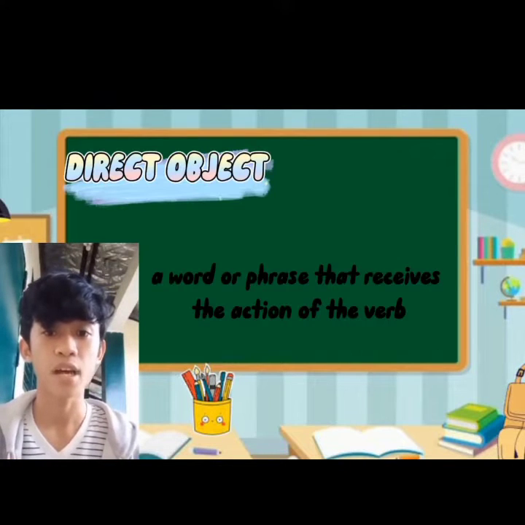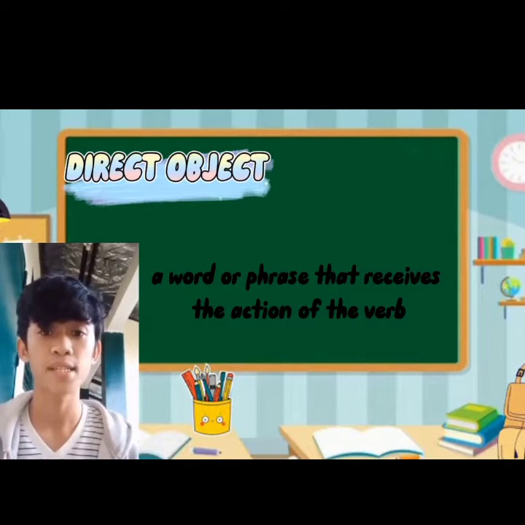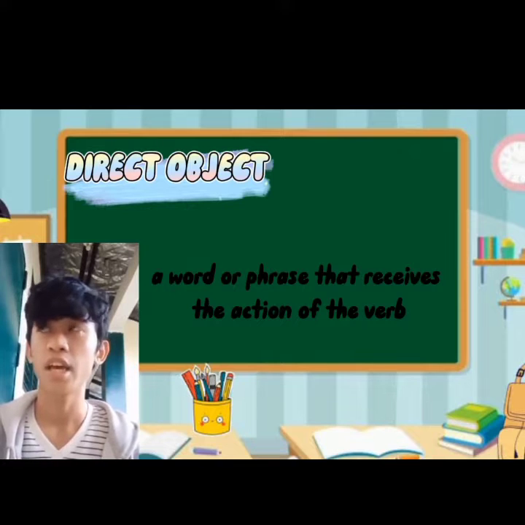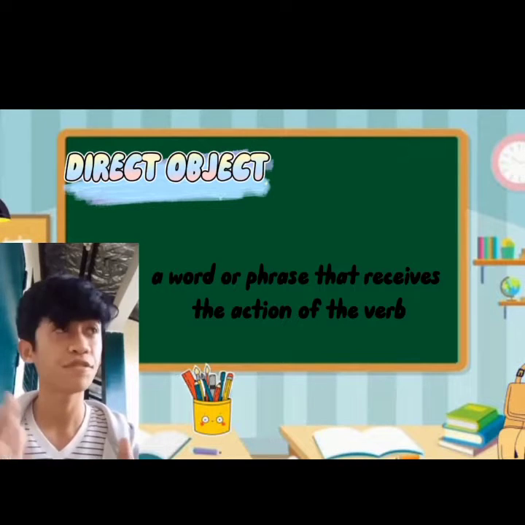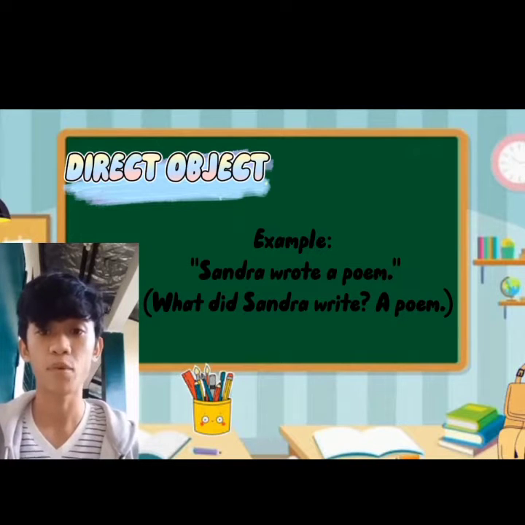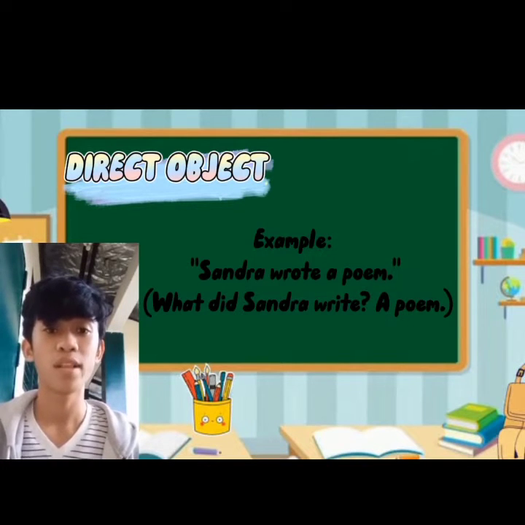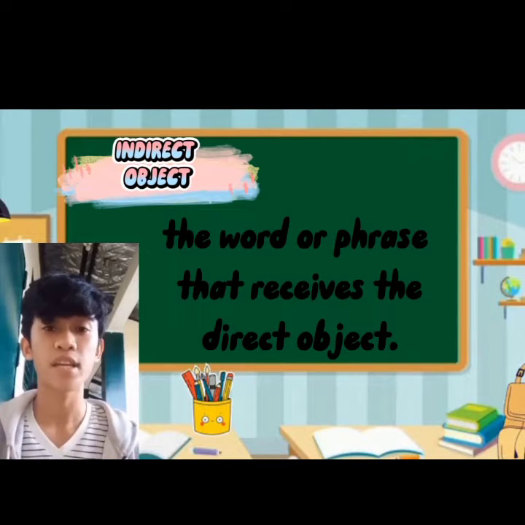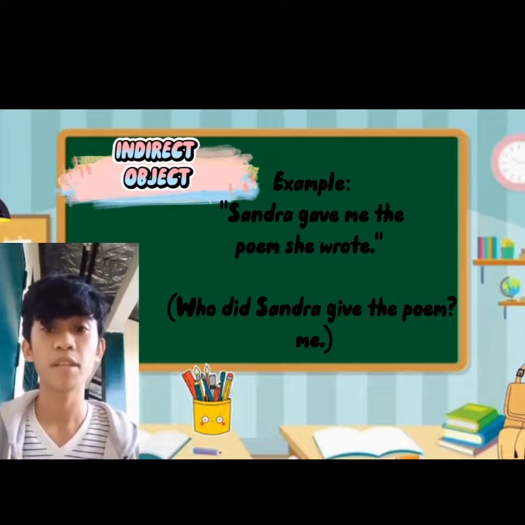Direct object: a word or phrase that receives the action of the verb. Example: Sandra wrote a poem. So what did Sandra write? That is a poem. And the indirect object: the word or phrase that receives the direct object. Example: Sandra gave me the poem that she wrote.